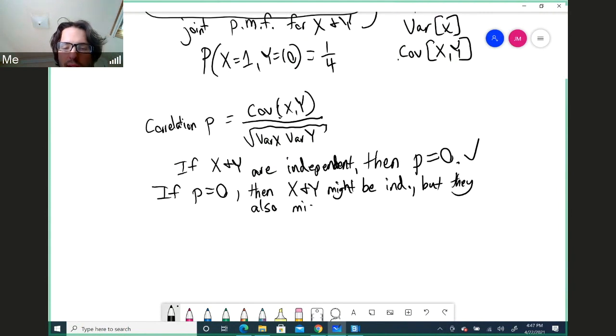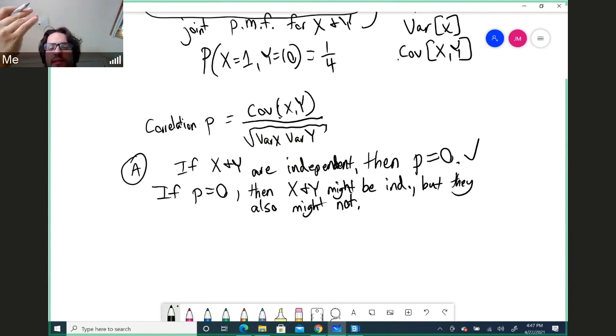A potential test question might be a true and false, where it might show you this statement: if X and Y are independent, then the correlation is equal to 0, and that would be true. Or they might give you the opposite, and say if two variables have a correlation of 0, then they must be independent.